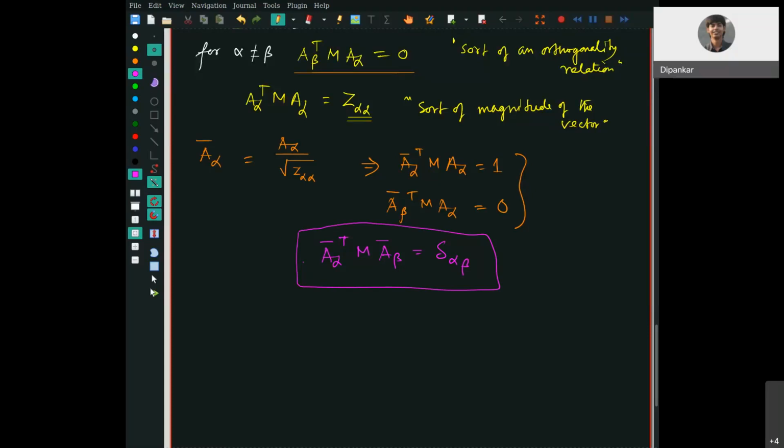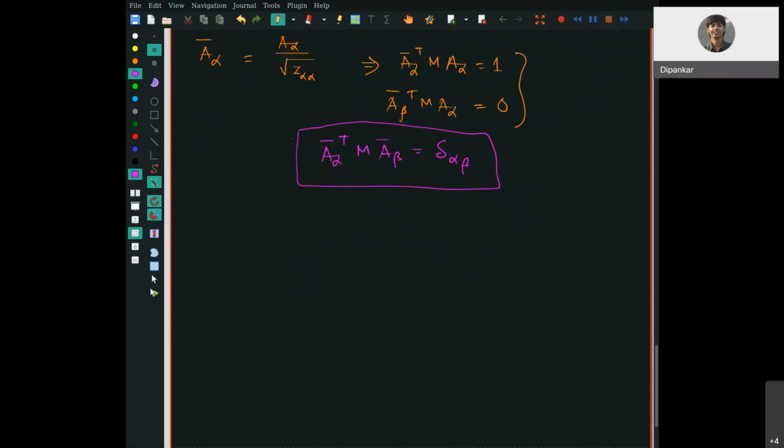So first of all, I want you to notice that just like this relation, I can also sandwich eta in between A alpha transpose and A beta, and I get another interesting relation.